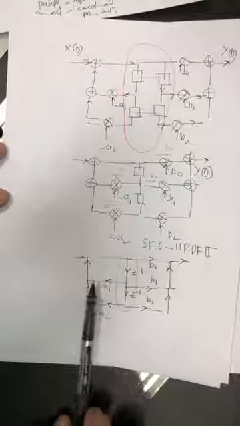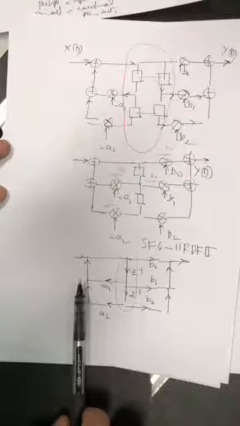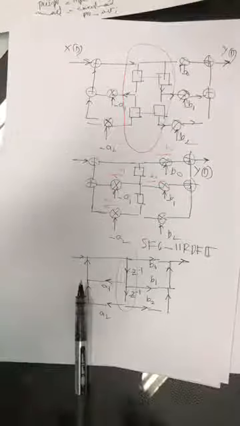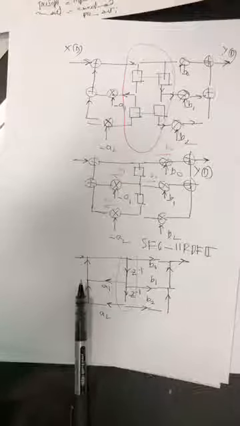So now they started thinking: is there any way I can actually bring my B's on one side and A's on the other side? So they came up with another transformation which is called the transposed direct form transformation.